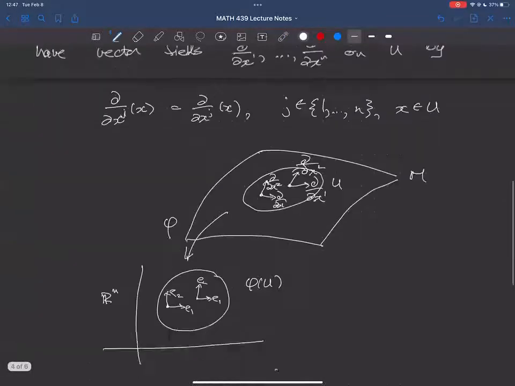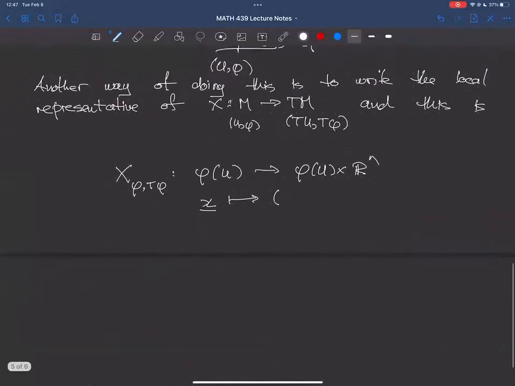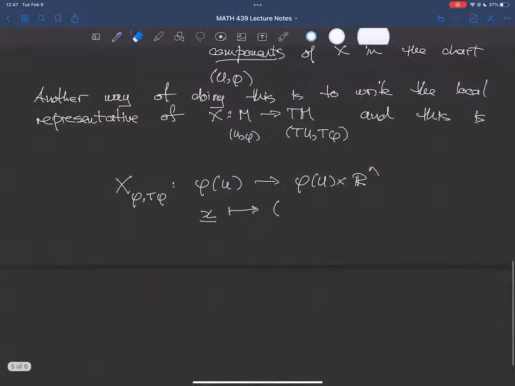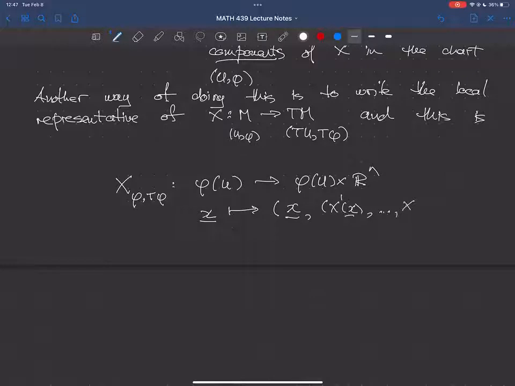In the first component of this local representative, it's going to be the identity, and then here I'm going to get X1 of x through Xn of x. And so these are, again, the components of X.